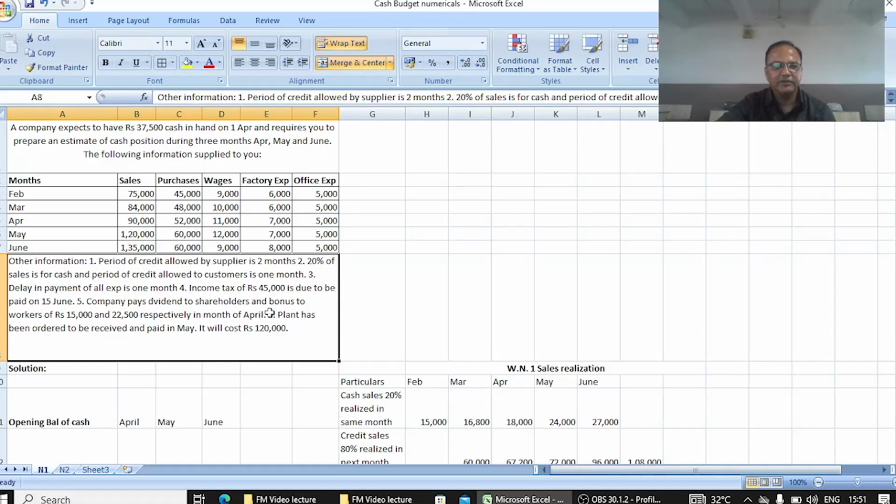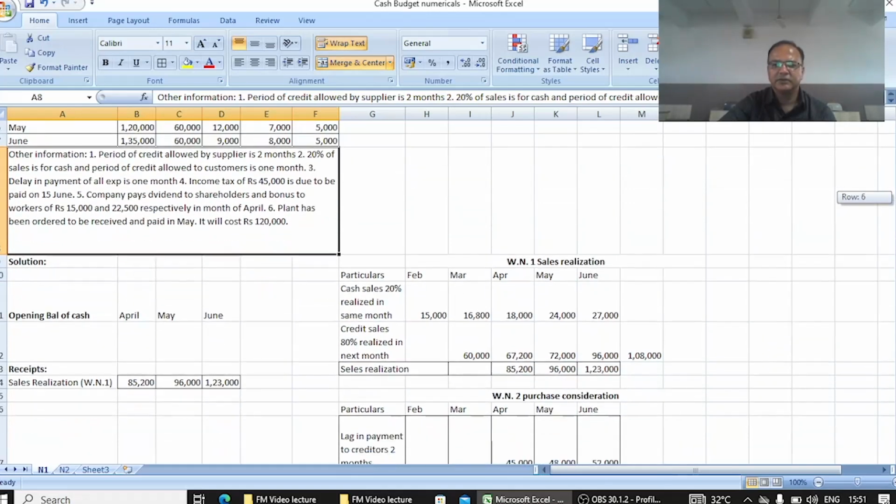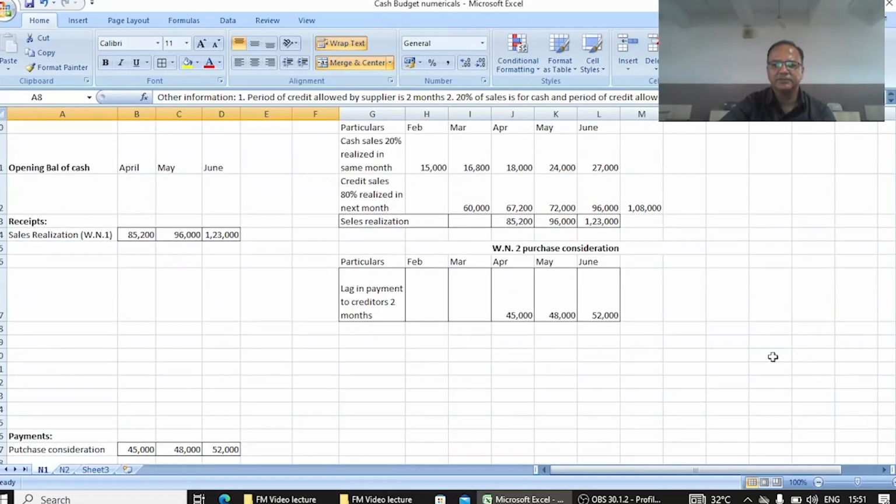So we are assuming that, because it is written here that all expenses will be paid after a month, we are adding wages, factory expenses and office expenses. We are assuming all our expenses.